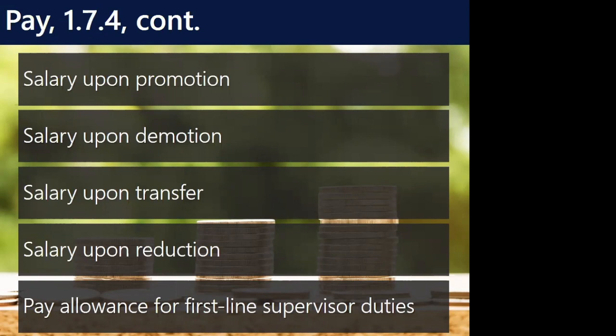The number 15 sticks in there quite a bit. First line supervisor duties. This is usually between 0 and 20% above the employee's base pay for performing first line supervisory duties. And of course, when those duties are no longer performed, the agency reverts the employee to the hourly rate they were at before.